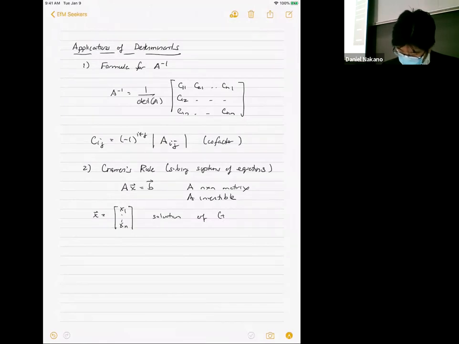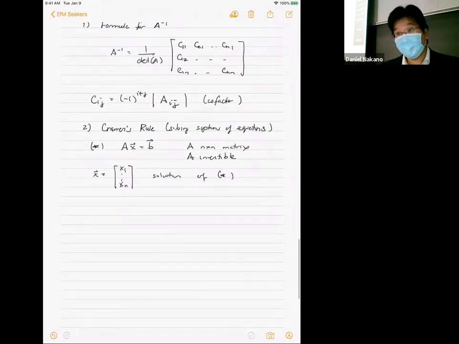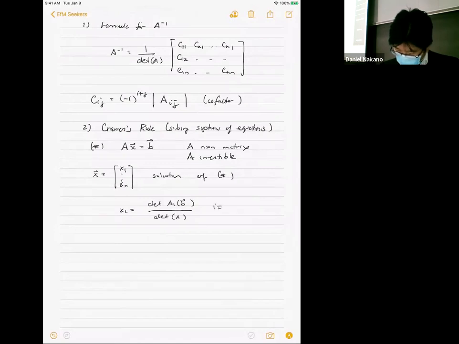I can write all the entries of the solution just using determinants. So x_i is equal to the determinant of A_i, where you stick B in the ith column, divided by the determinant of A, for i equals 1, 2 up to n.